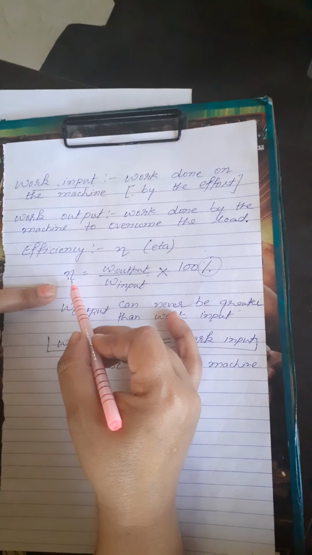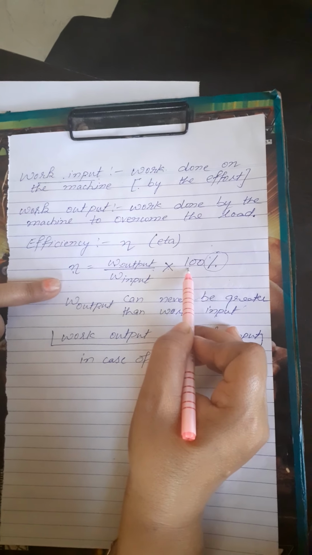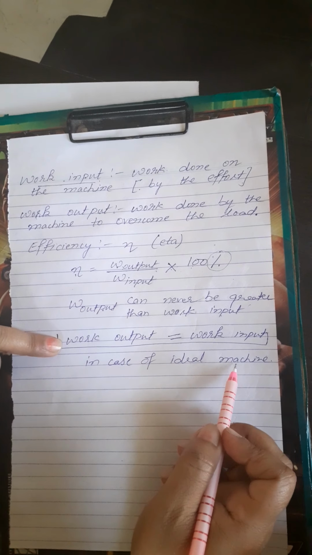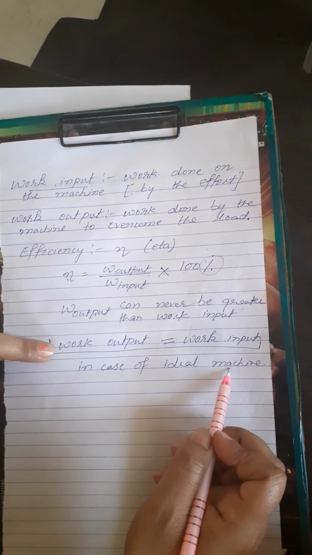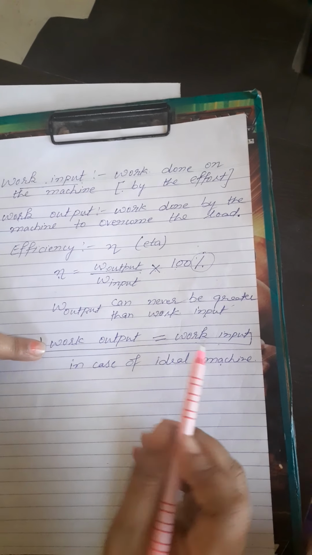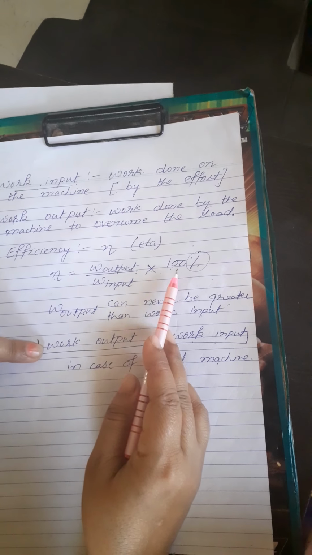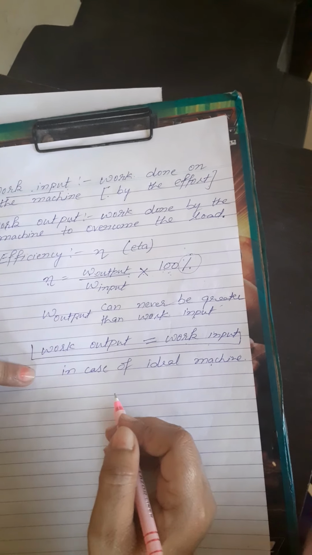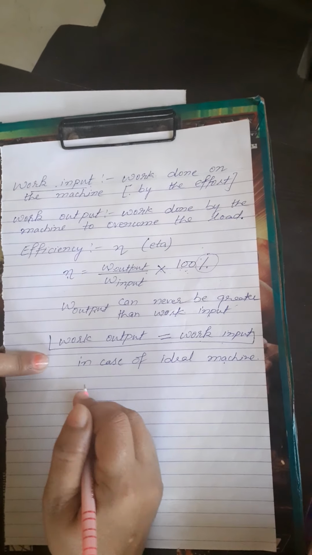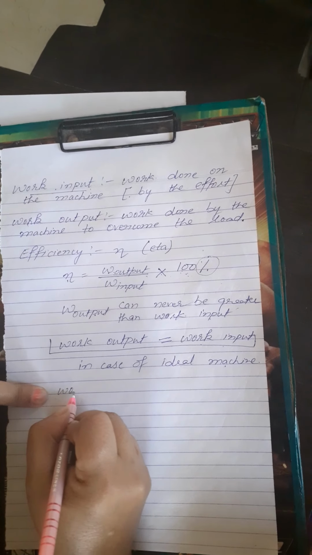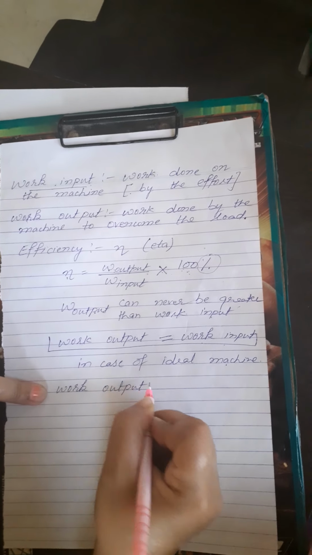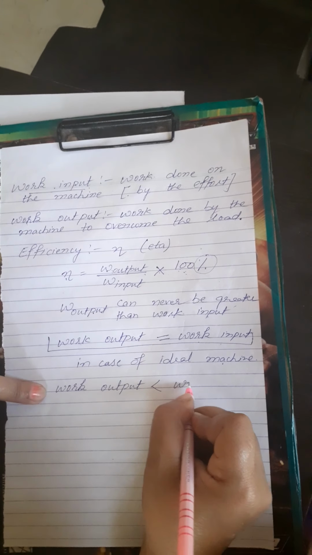Our percentage will be greater than 100%, which is not possible. So for the ideal machine, in which there is no loss of energy, work output will always equal work input, so that the efficiency remains 100%. And suppose, beta, we all have practical machines only, so in that case work output will always be less than work input.